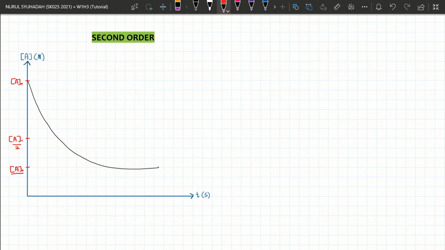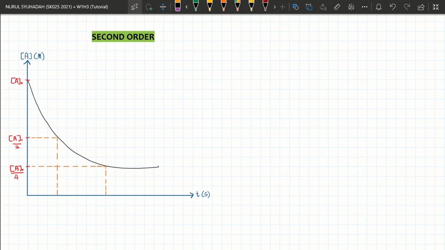Okay, so let's analyze the half-life. Let's label this. I already plotted the first half-life here, and the second half-life here. Label T1/2. Make sure you write down what the value is, and then T1/2.